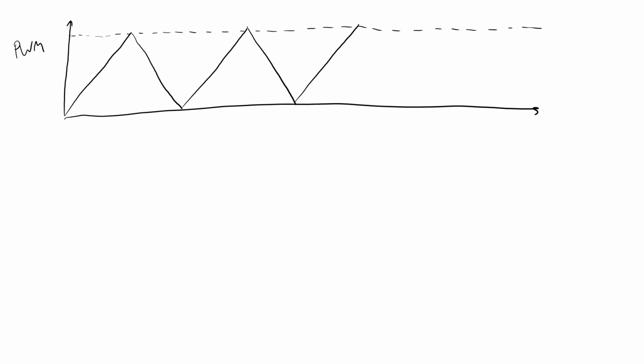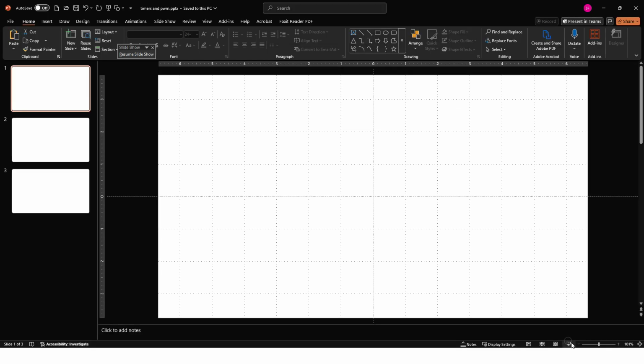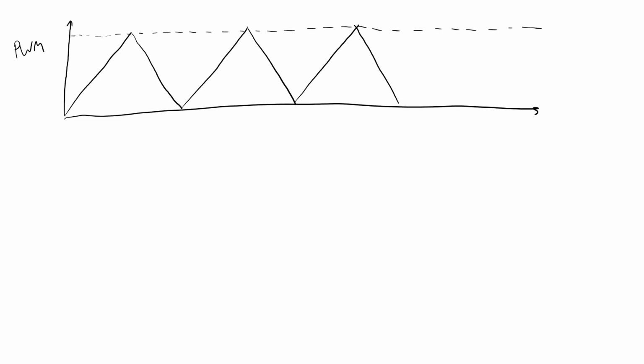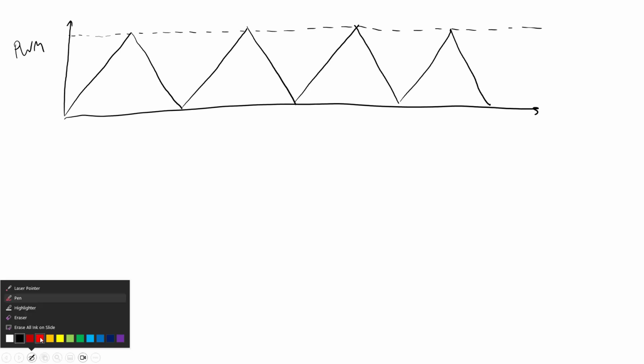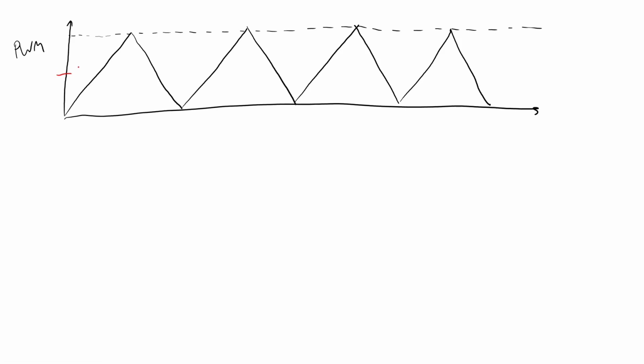And just like with clear timer on compare mode, we are going to choose that output compare value. And that is a value that we store in another register that for an 8-bit timer is going to be between 0 and 255.